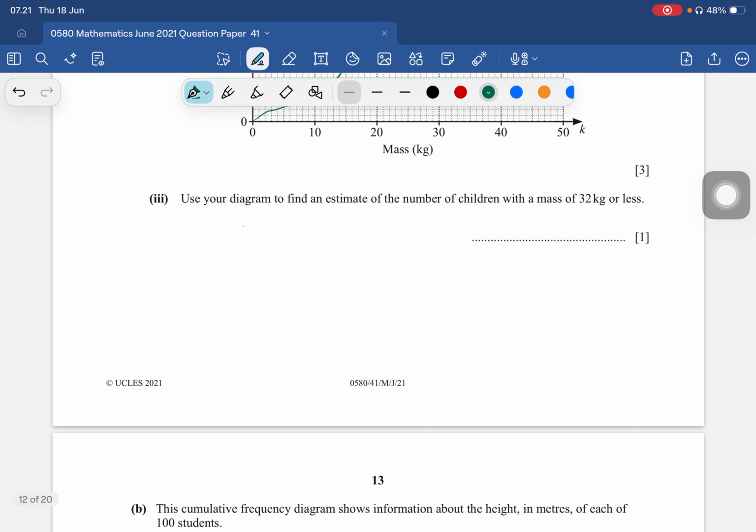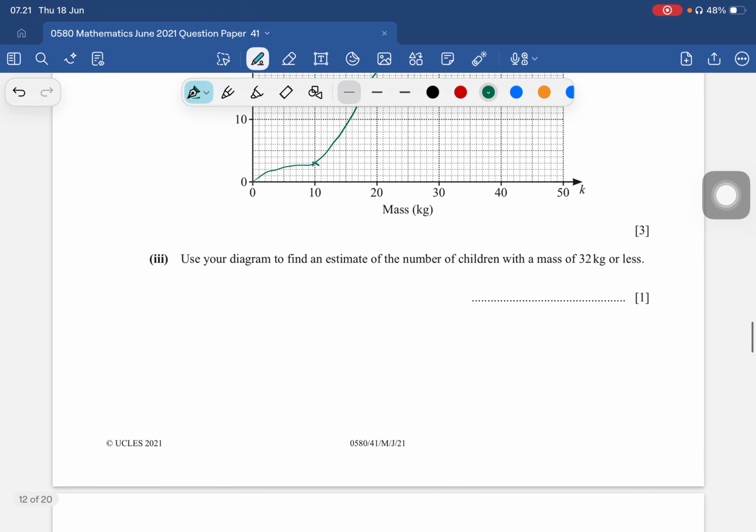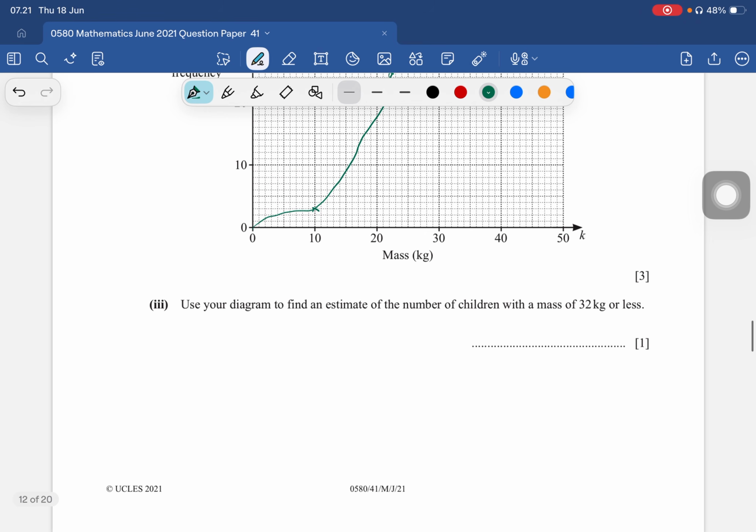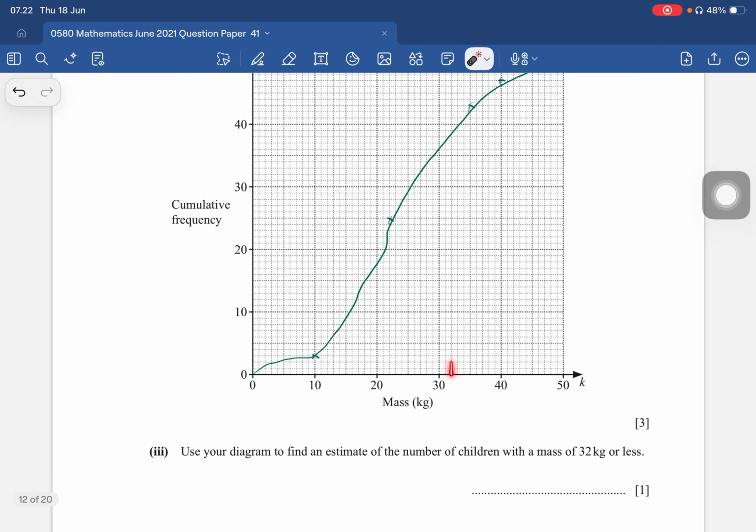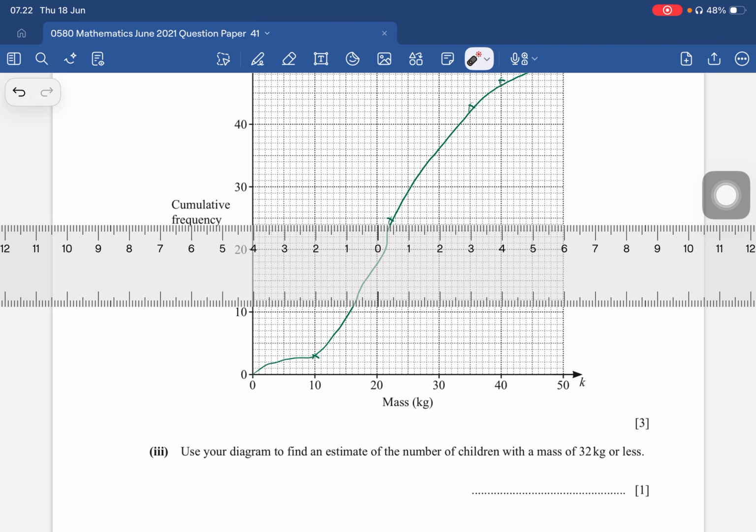Use your diagram to find an estimate of the number of children with a mass of 32. Okay, here is 32. We can just draw it. Let me use a ruler.